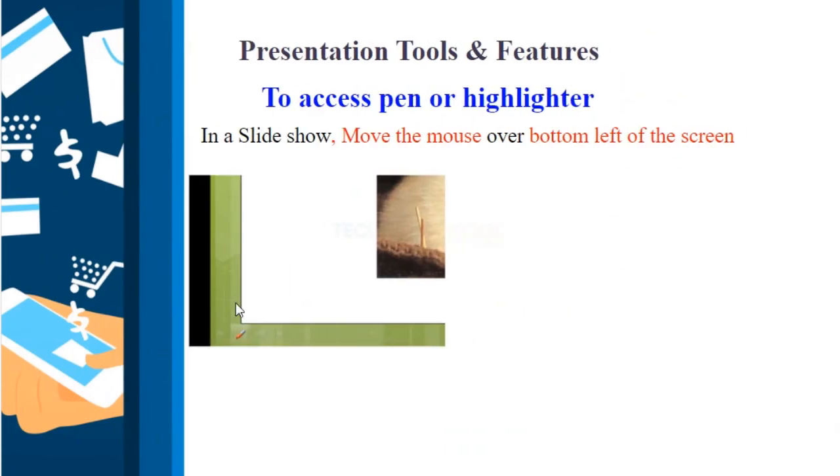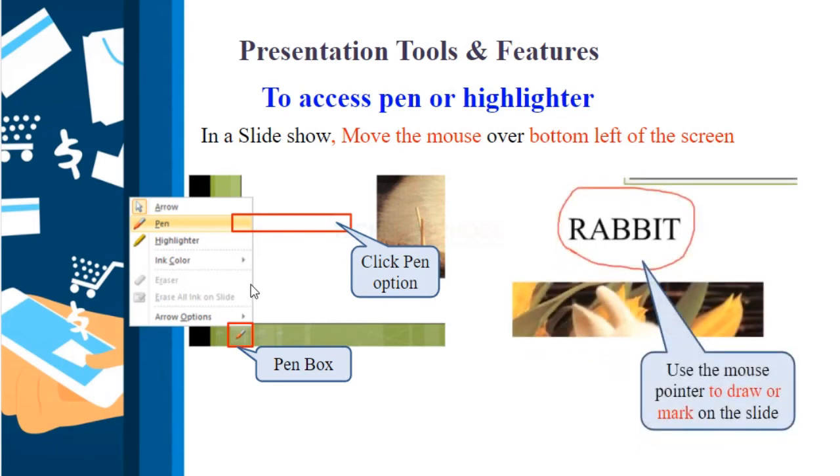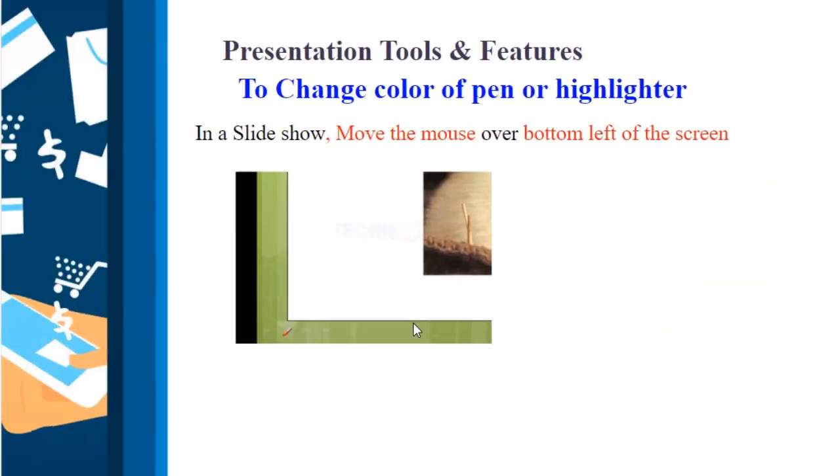To access the pen or highlighter, move the mouse over the pen menu option in the bottom left of your screen. Then select pen or highlighter based on your preference. Now your mouse pointer to draw or mark your slide appears.